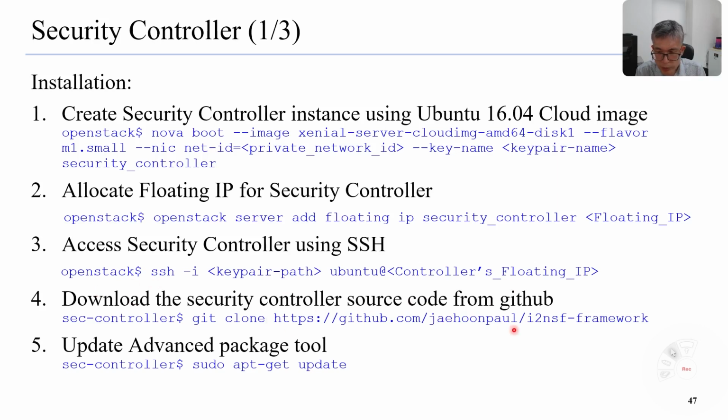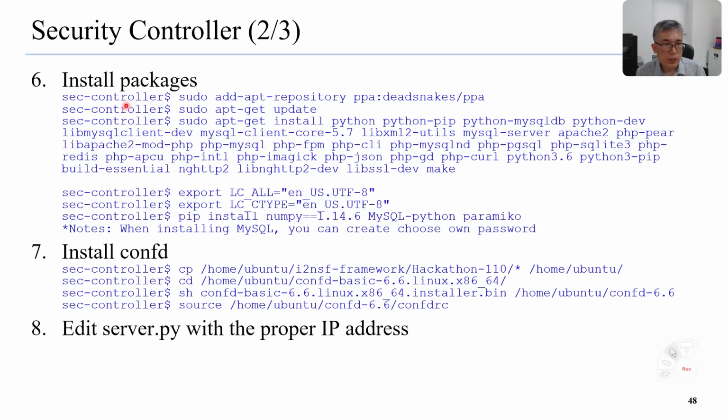So from our I2NSF framework project, you can download the source code, and update the advanced package tool using sudo apt-get update, and then install packages using this command, and install confd. With confd, you can use the NETCONF protocol, and edit the service Python file with proper IP addresses.